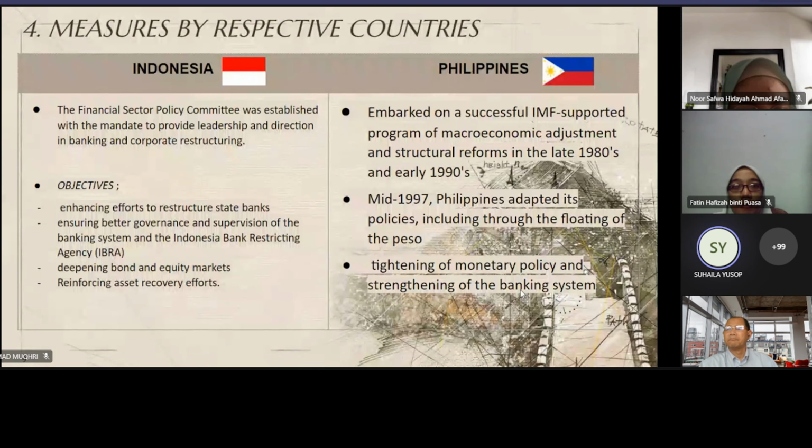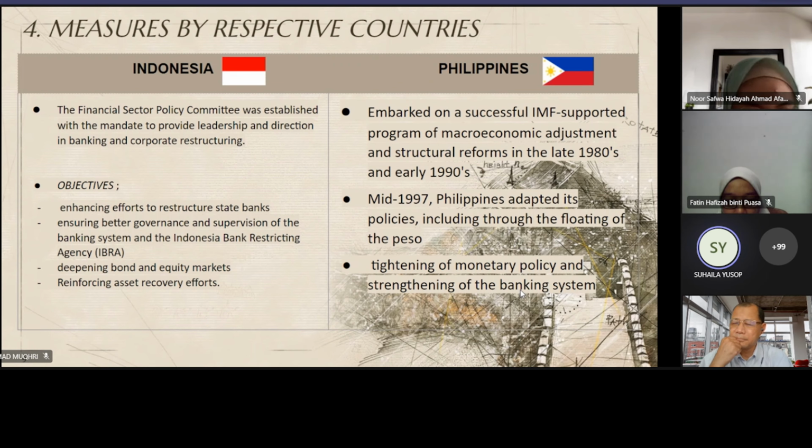Okay, for Indonesia, the Financial Sector Policy Committee was established with the mandate to provide leadership and direction in banking and corporate restructuring. And the objective is to enhance efforts to restructure state banks.